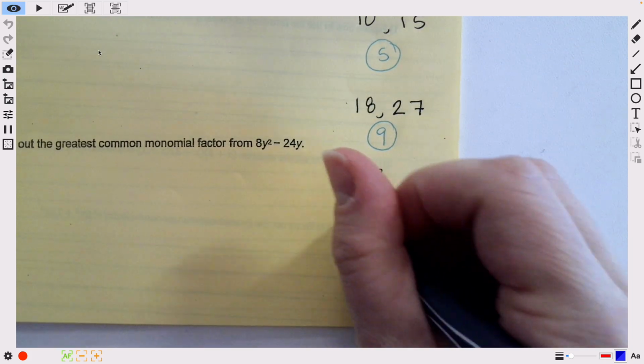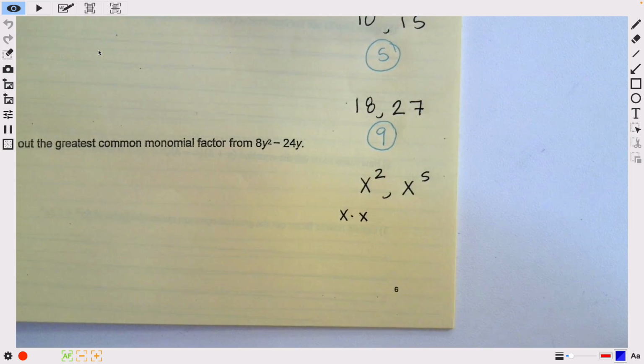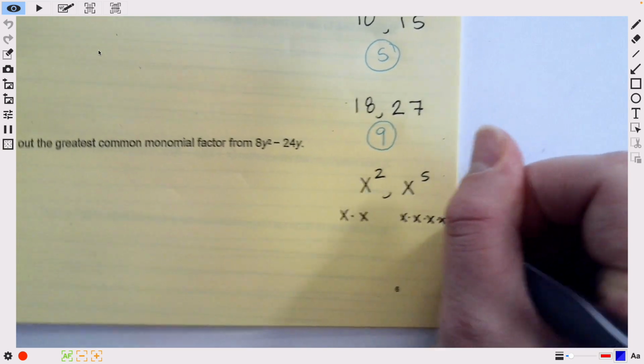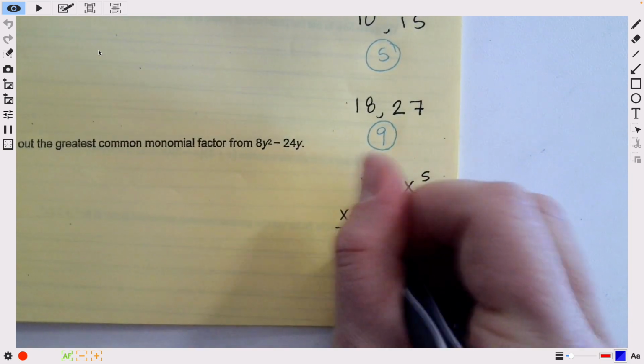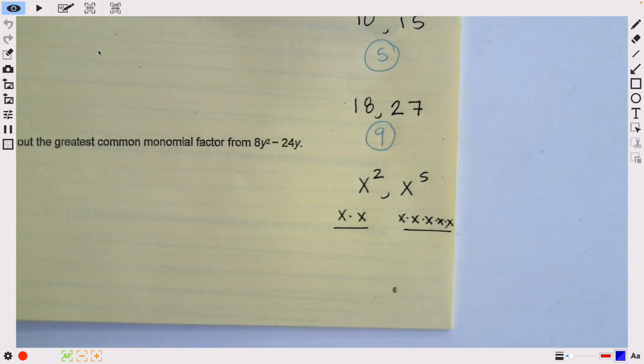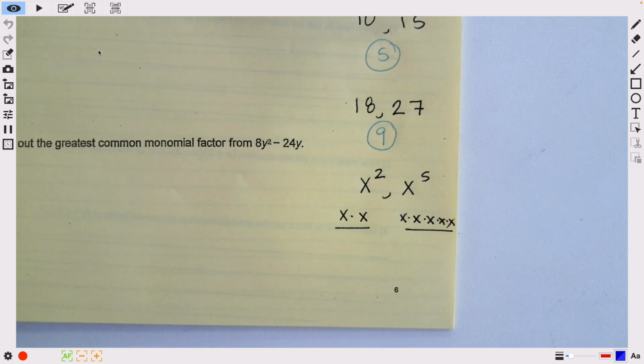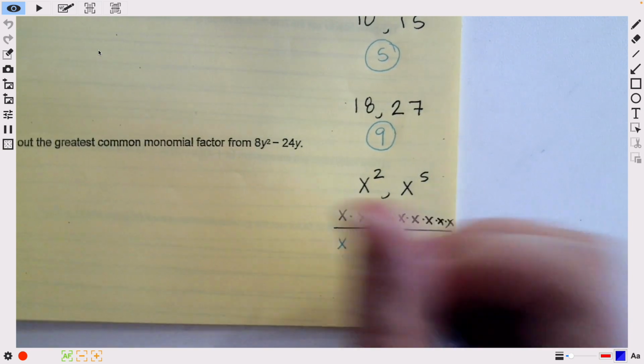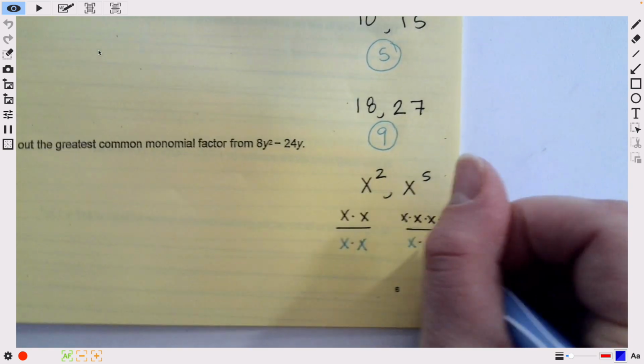Remember, x squared is x times x, and x to the 5th is x times x times x times x times x, 5 x's. I want to know what's the biggest amount that you can evenly divide out of both. Sammy's holding up 2. You can divide 1 away from both of them. You can divide a second away from both of them.